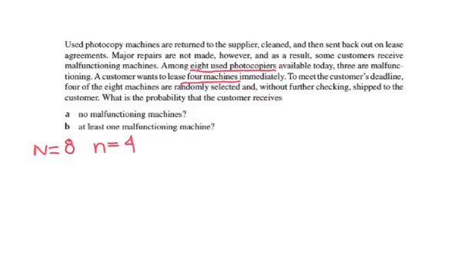And now let's think about the number for R. So if you define Y as malfunctioning machines, then R should be the total number of malfunctioning machines among the 8.